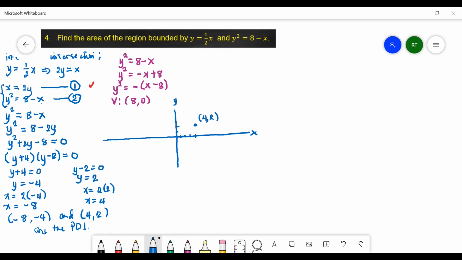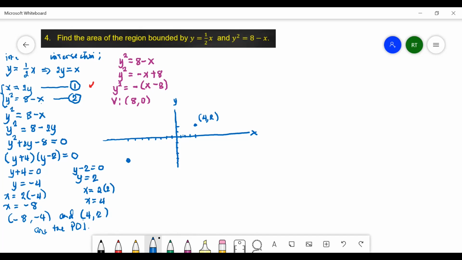And the other point of intersection at (-8, -4): -1, 2, 3, 4, 5, 6, 7, 8, and -4. Approximately, this is where the other point of intersection is.